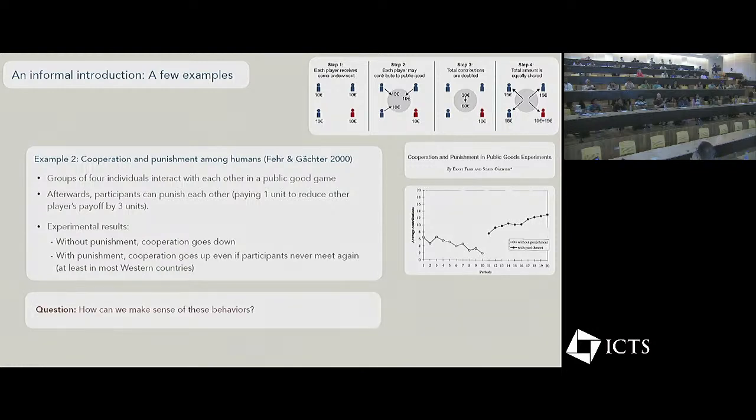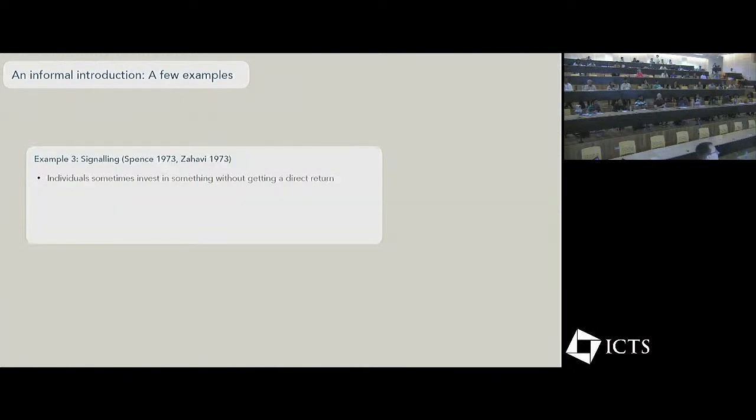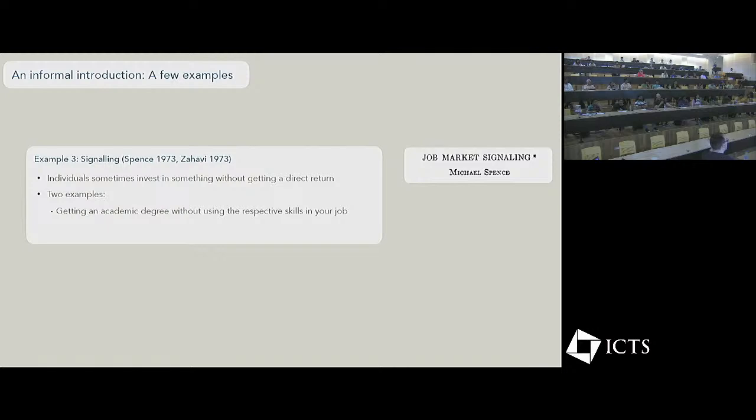And also here the question is, okay, how can we make sense out of these behaviors? Now, the last example that I would like to give is signaling games. And the idea here is that sometimes you invest into something that has no direct value. One example is getting an academic degree in something that you're not actually planning to work on later on.